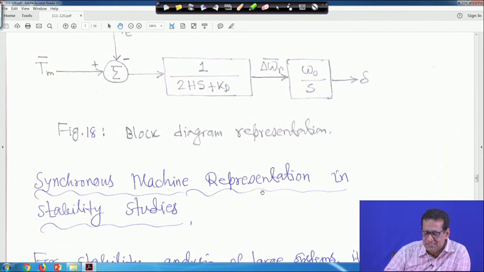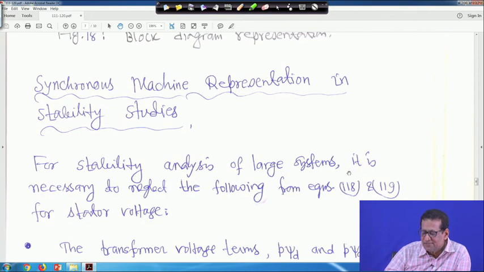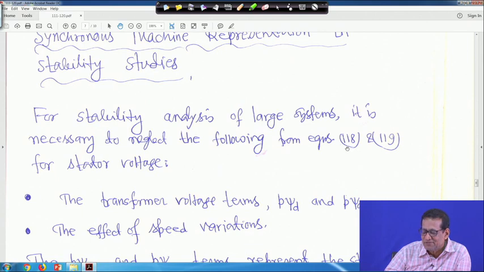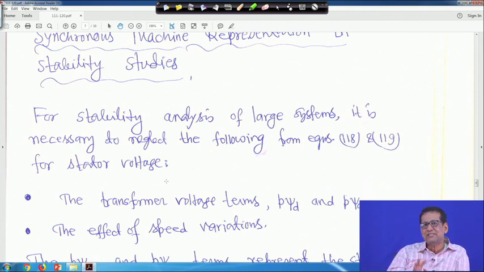Now, synchronous machine representation in stability studies, we have to make a few assumptions. For stability analysis of a large system, it is necessary to neglect the following terms from equations 118 and 119 for stator voltage. Whenever you listen to this course, all these notes will be provided to you.